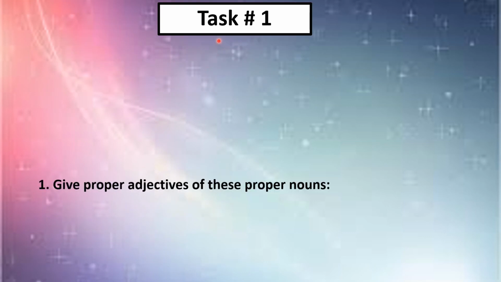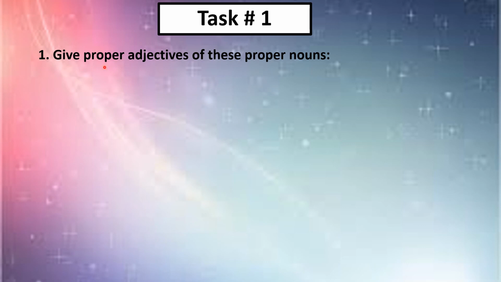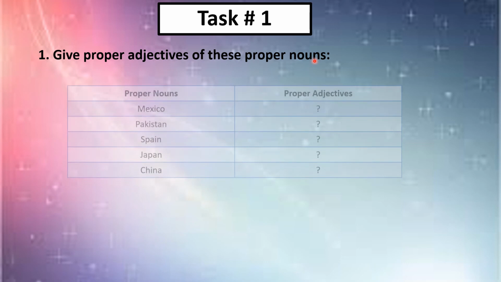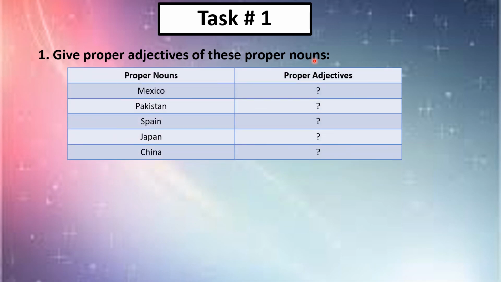I have got task number 1 for you. You have to give proper adjectives of these proper nouns. Mexico, Pakistan, Spain, Japan, and China. Give the proper adjective forms of these proper nouns.